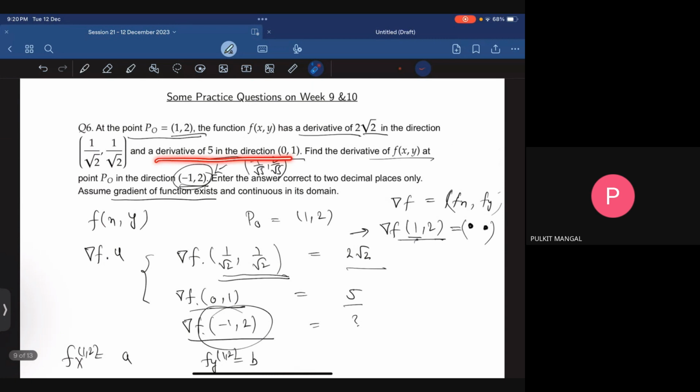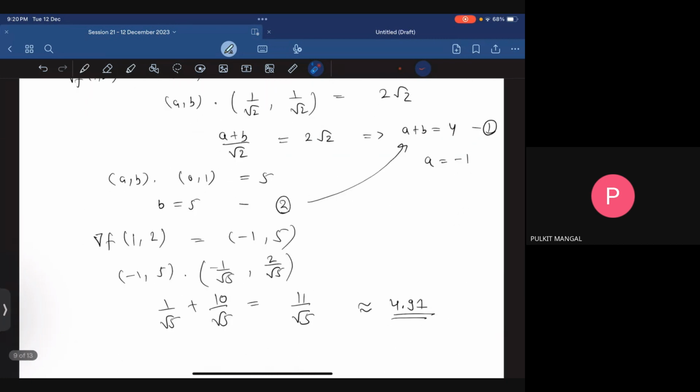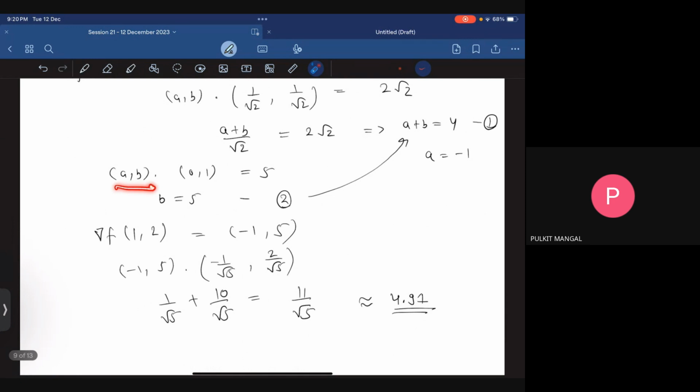Next, the derivative is 5 in the direction (0, 1). Taking the dot product, it is simply b equal to 5. Plug in this value and you get a equal to negative 1. So I got the gradient of function f at the point (1, 2) as (-1, 5).